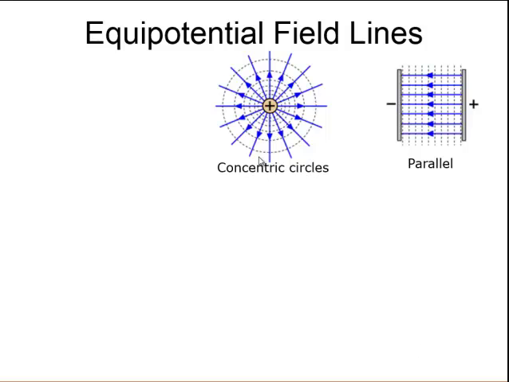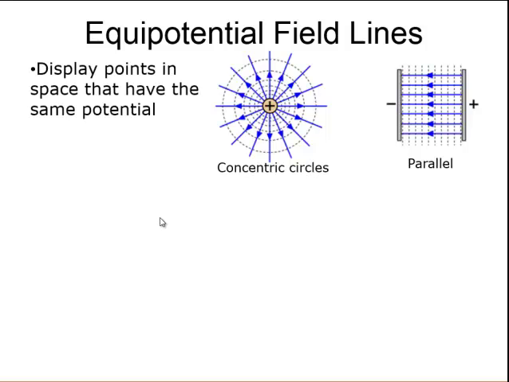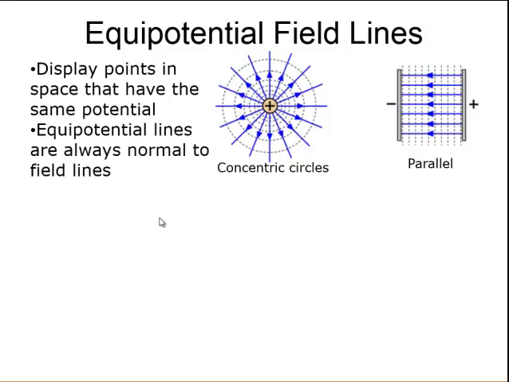Around a point charge we have concentric circles moving out, and between two parallel plates all the lines will be running parallel. So our rules: equipotential field lines display points in space that have the same potential. They are always normal to the field lines, so they'll always cross over the field lines at 90 degrees, and will follow similar field line density.